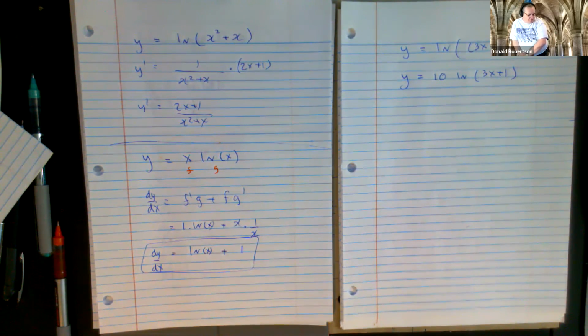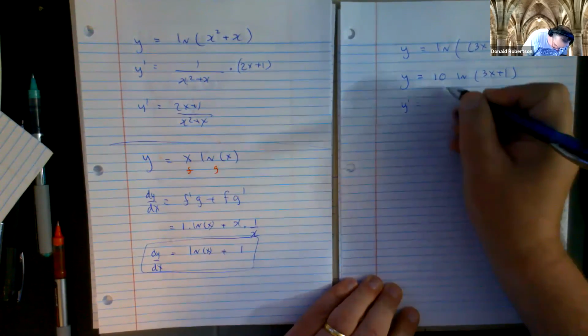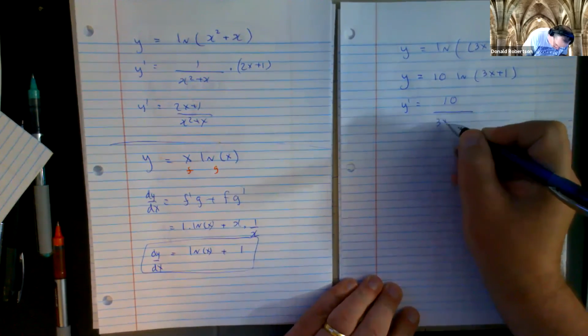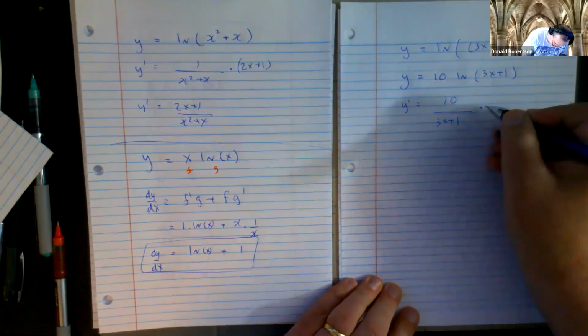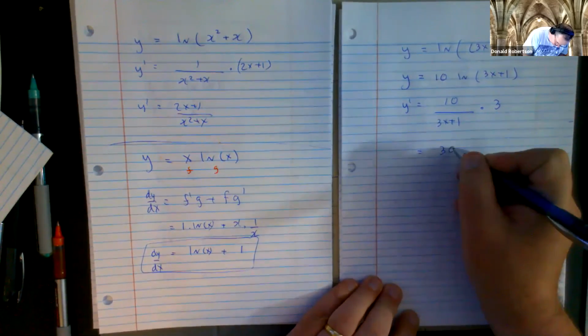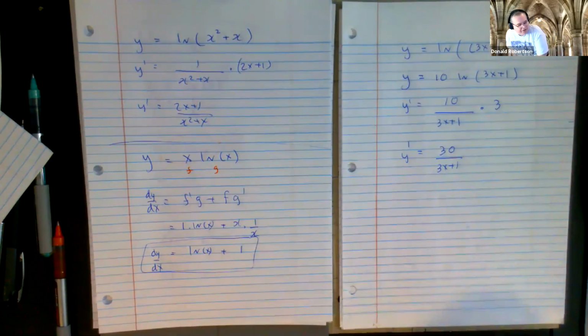Remember that rule? It's the 3rd law of logs. Now, by writing it like that, isn't the derivative 10 log of something? So it's 10 over something times the derivative of that something. And now, very clean, very easy to do.